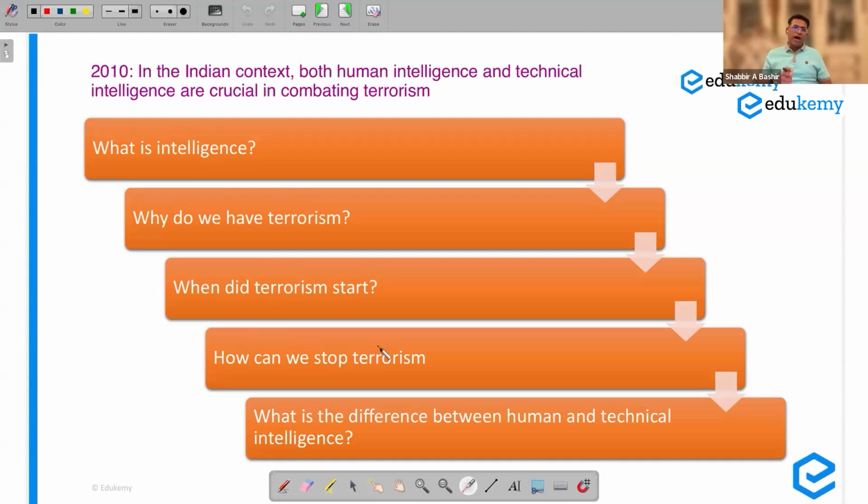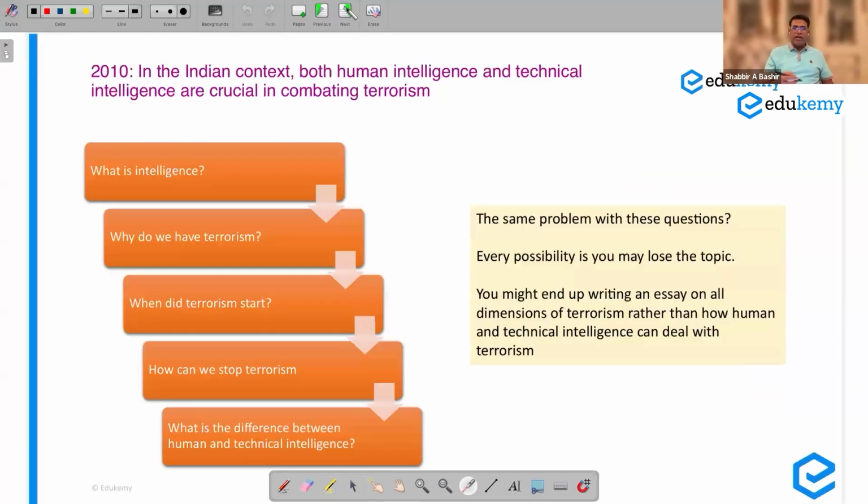Again, the same problem. Although I have generated the questions, the fact is, the questions do not look like I'm asking on the topic. What I'm doing is taking up some words from the topic and then making questions. It's possible I will lose the topic. I'll end up writing the entire essay on what is terrorism, who started terrorism, how are we affected by terrorism, rather than writing how human and technical intelligence both are crucial for combating terrorism.